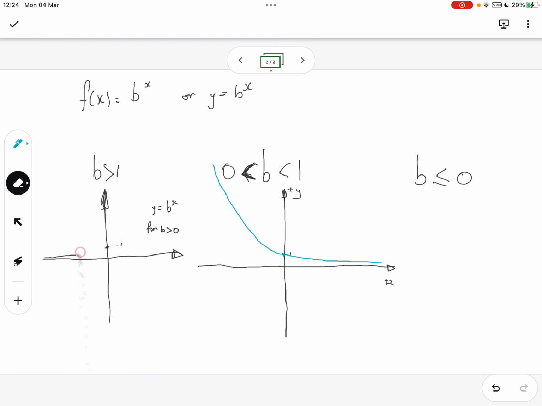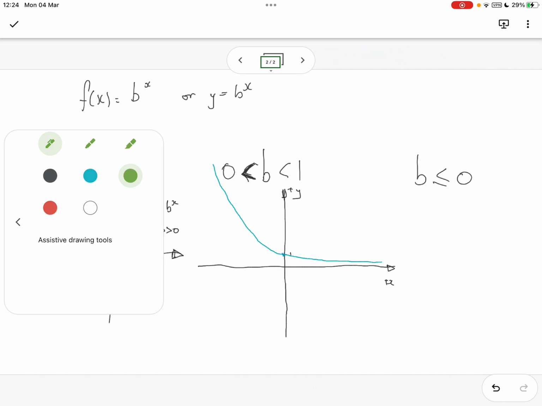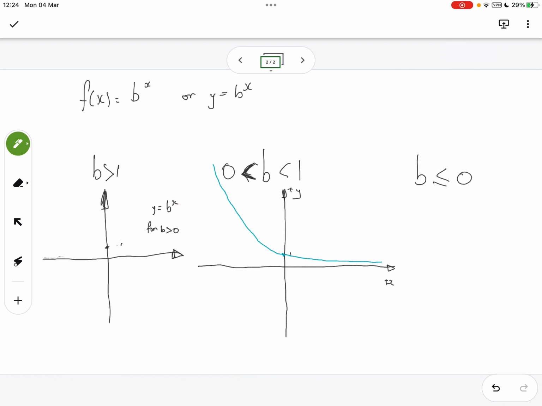I just want to put this one in a different color. Then I'll do a different color.